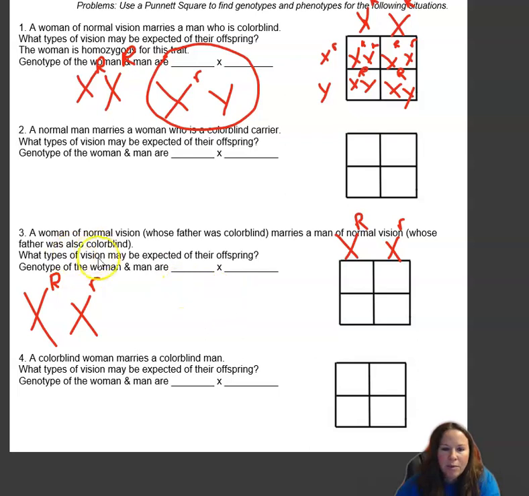She marries a man who has normal vision. So he's got the big R. Now we can fill in the boxes. Got big R, big R. That daughter is homozygous for normal vision.